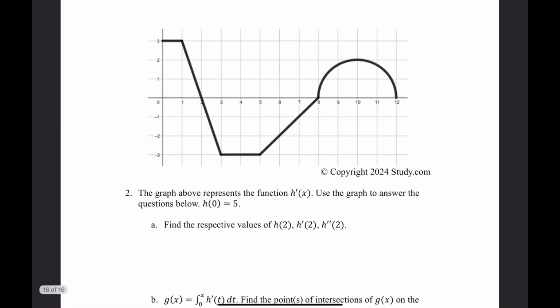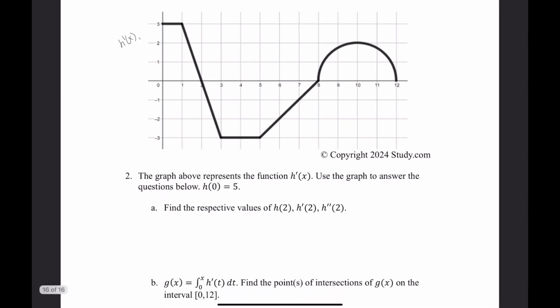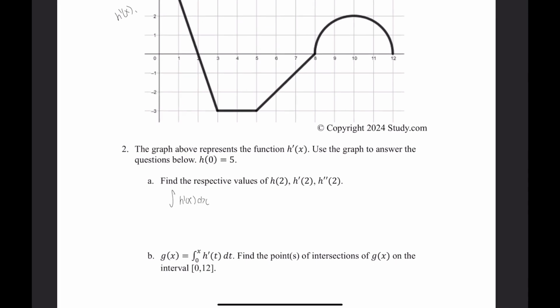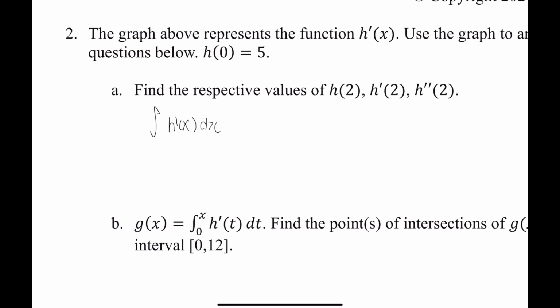Okay, let's see. So this one represents h prime x, right? And then you're trying to find h of 2. So h of 2 can be found by taking the integral, right?